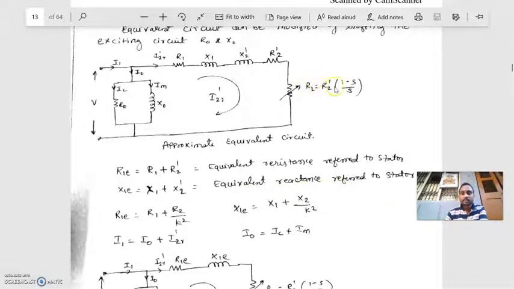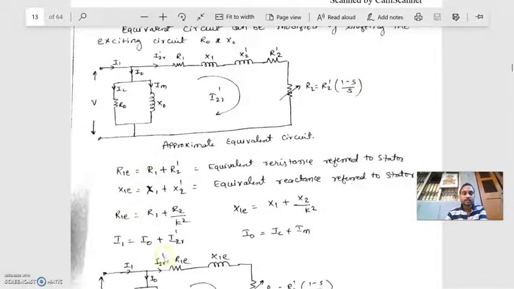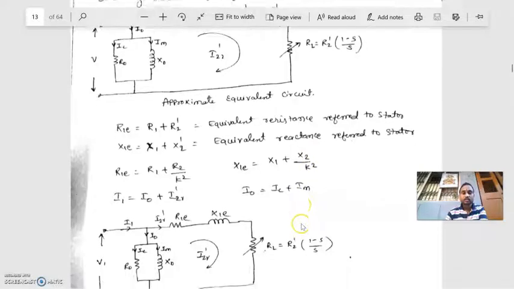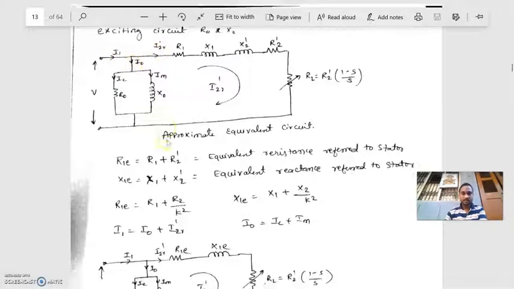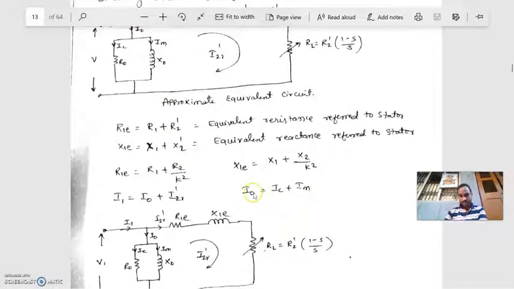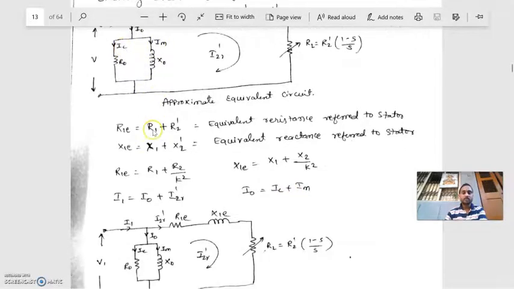RL is given by R2 dash into (1 minus S) divided by S. Therefore R1E is rewritten as R1 plus R2 dash, which is R1 plus R2 by K square. Similarly X1E is equal to X1 plus X2 by K square, and I1 is equal to I0 plus I2R dash, and I0 is equal to IC plus IM.